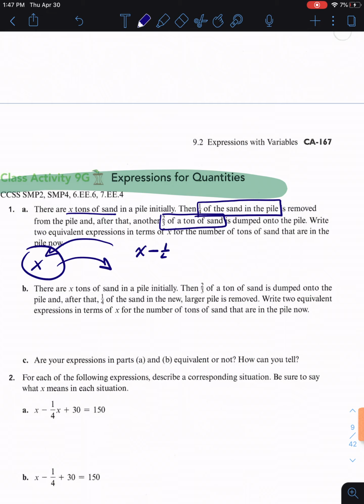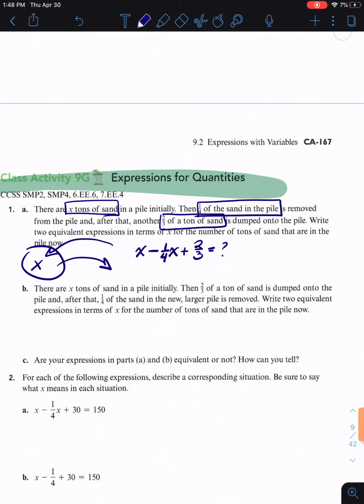So we need to subtract a quarter of X. And after that, another 2/3 of a ton of sand was dumped onto the pile. Does it have anything to do with how much sand was there at the beginning? It doesn't. It has nothing to do with X. It's just 2/3 of a ton, the same unit as for the X. And what we're looking at is the expression for the amount of sand that is in the pile now.